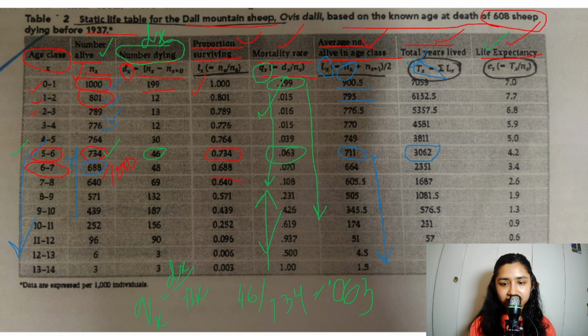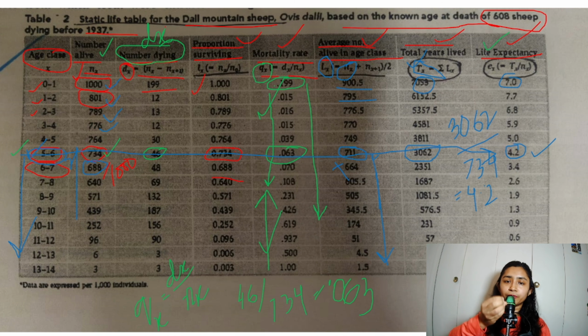That means at the age of 5, this sheep can live for another 4.2 years. For that particular sheep, you can tell that it can live up to 4.2 years more. This is the way you can take out the life expectancy.